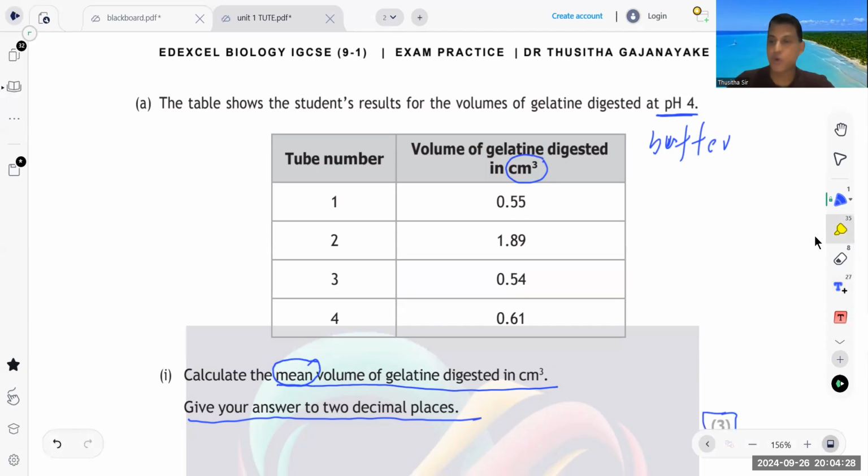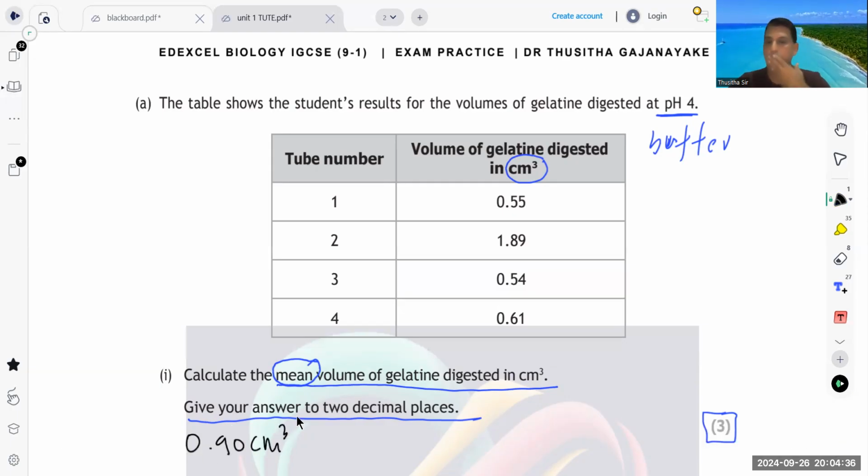Okay, I will write the answers, all of your answers which I get. Others can also send an answer.